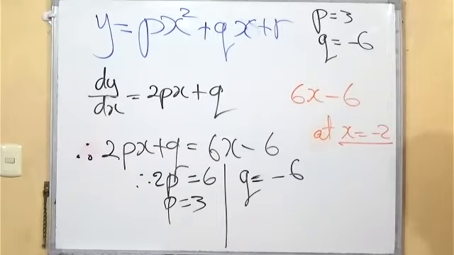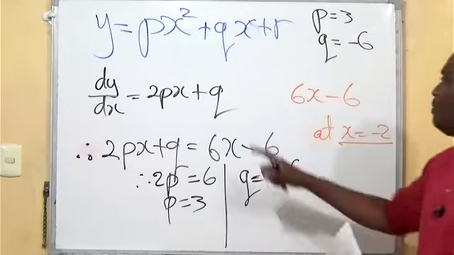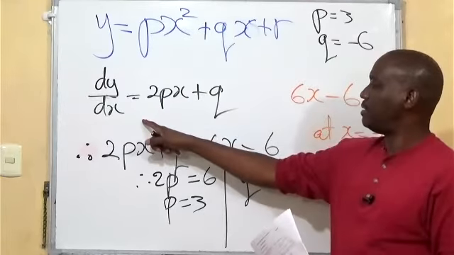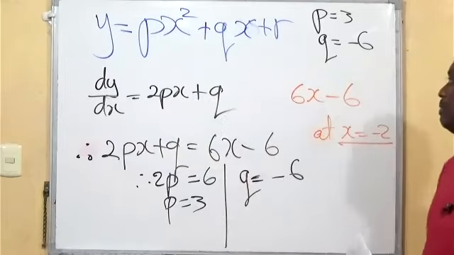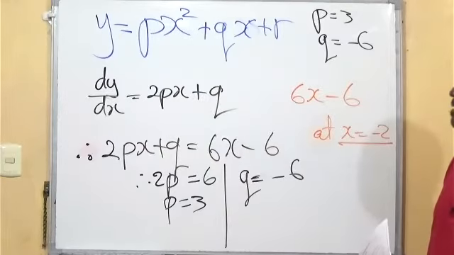Now they say that the stationary value is x equal to minus 2. So in other words, it means then that dy dx is equal to 0 at x equal minus 2.